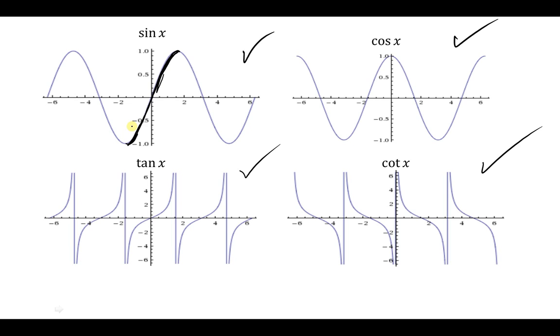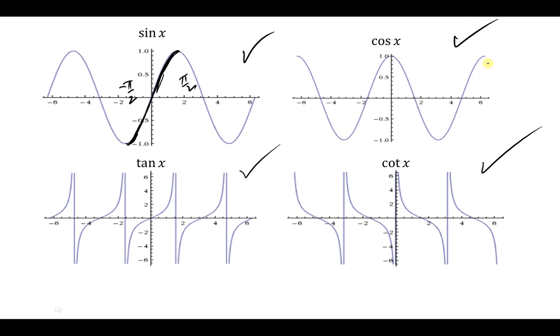And so, as you probably already know, if we restrict the domain of the sine function to go between minus pi over 2 and plus pi over 2, then it will pass the horizontal line test.